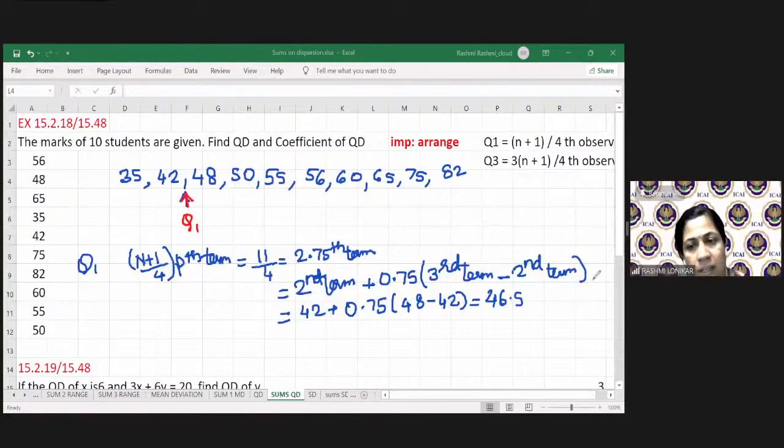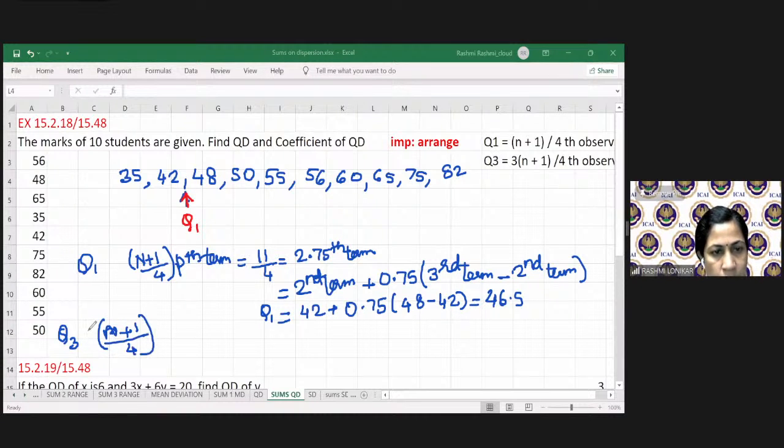So similarly, can you find Q3? This is my Q1. For Q3, I have to find (n plus 1) upon 4 into 3, that is 3 times the (n plus 1) upon 4-th term.